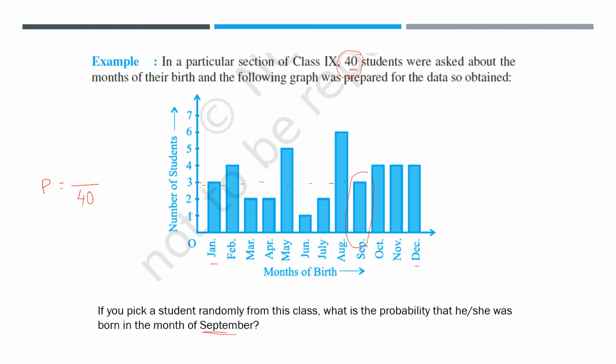So we have 3 students born in the month of September. The probability there is 3 over 40. Can't simplify this any further. Simple.